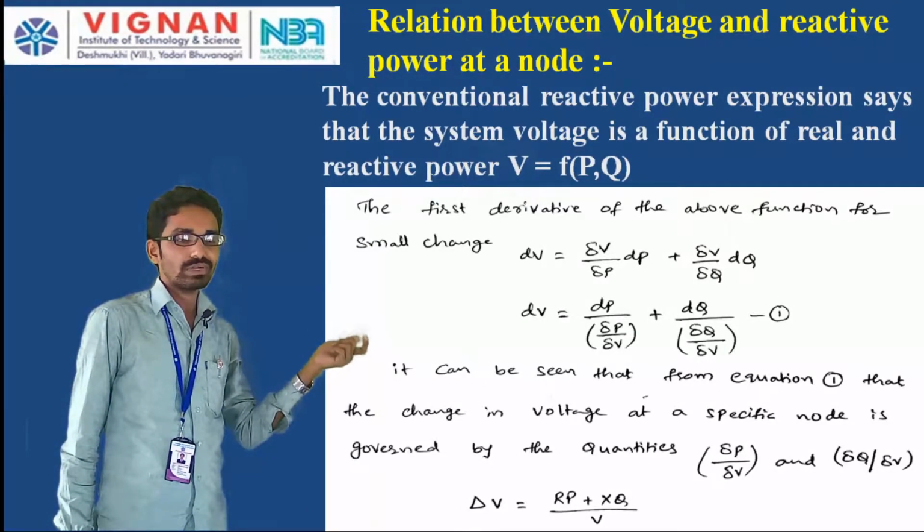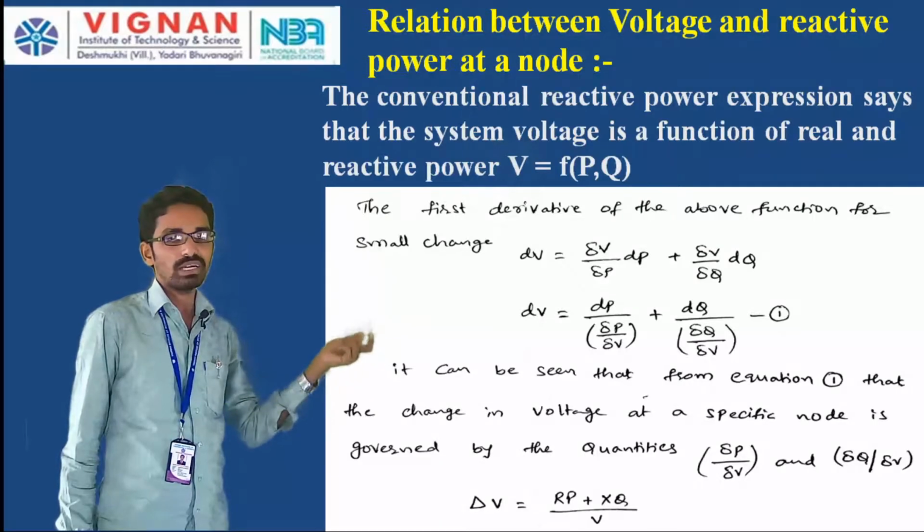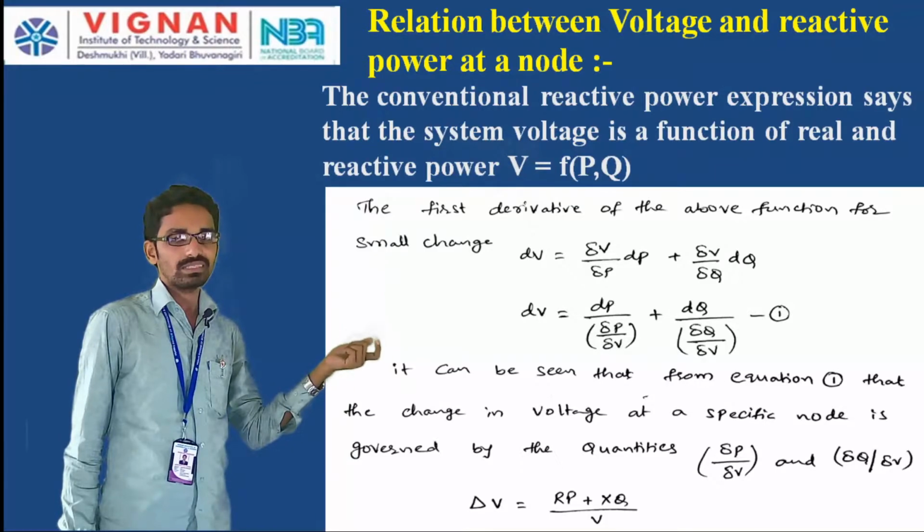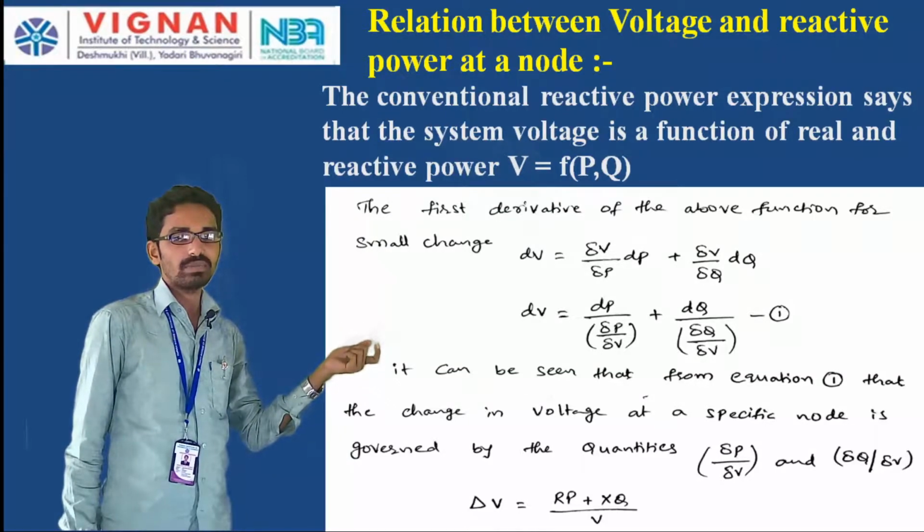There are different quantities, and those quantities are del P by del V and del Q by del V. Mainly these two parameters will change the voltage at a node.